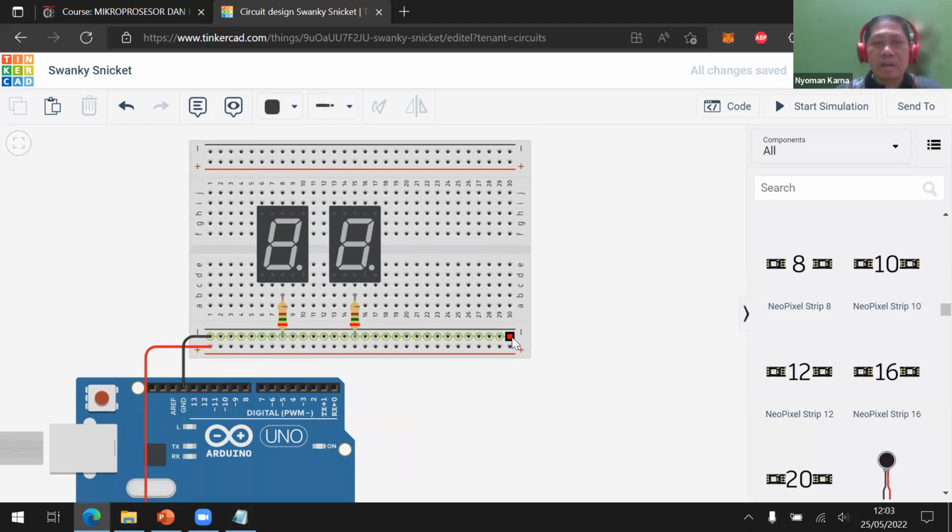And then put this. This one's supposed to be red.